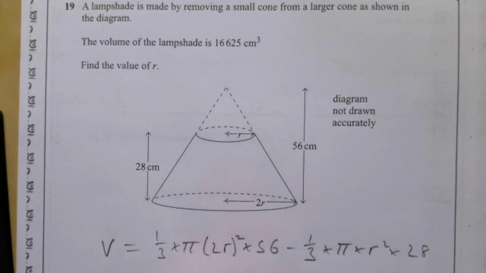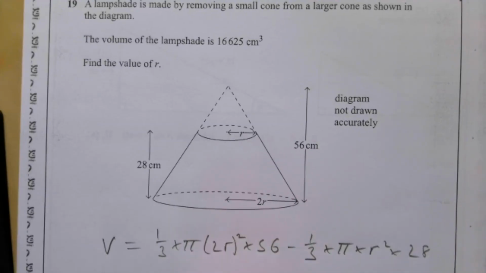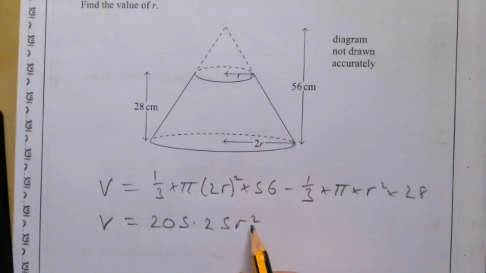So if we do our sums there, there's kind of a lot to work out, but you can sit and work your way through it. You will get, let me see, I think it's 205.25 r squared. So you would need to sit and work out how many r squared you have here, work out how many r squared you have here, and subtract them, and you get 205.25 r squared.